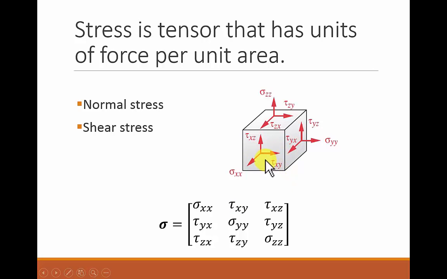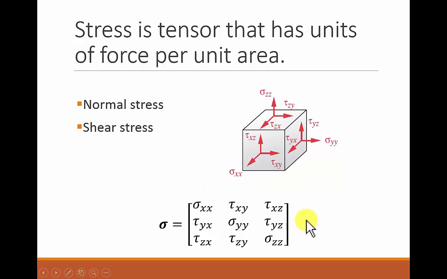And notice, because this is infinitesimally small, we have some repetition. In other words, tau yx is going to be equal to tau xy. It's just the way it's going to have to work out physically. This cube here is a physical cube, and its movements have to work out with each other. They have to be symmetric.